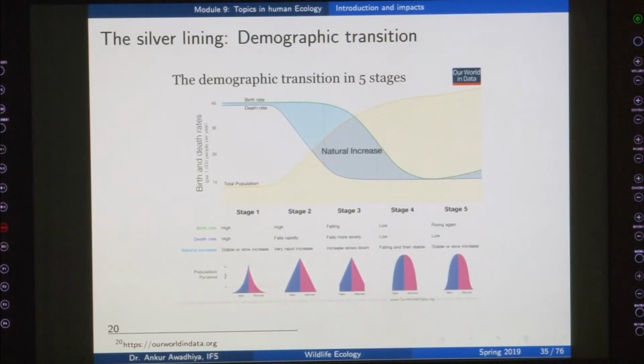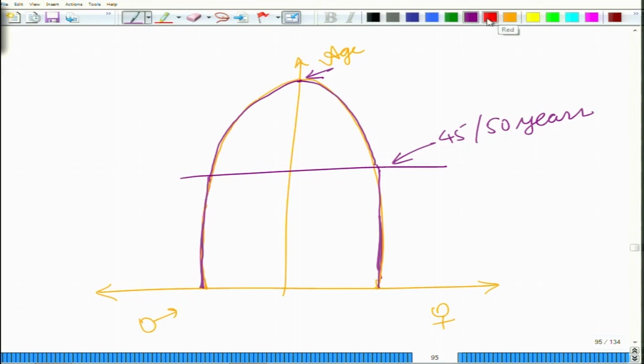Now later on, it is possible that the society might try to reduce the birth rates even further, and when that happens, you will see a society that will start looking like this. The society would try to reduce the number of children being born even further. So from having this many children, probably the society will start to think about having this many children.